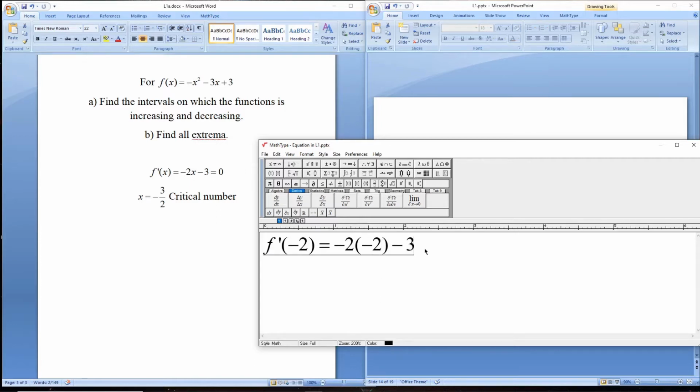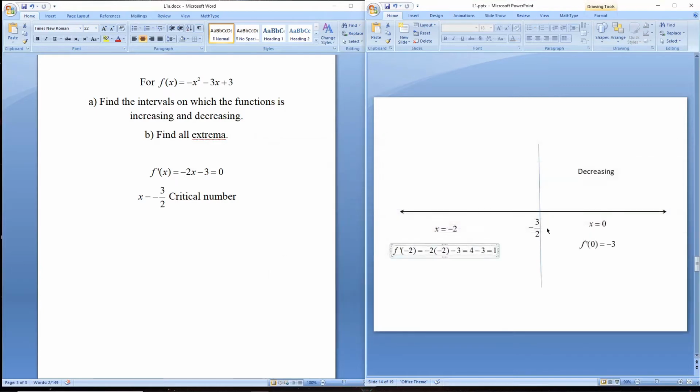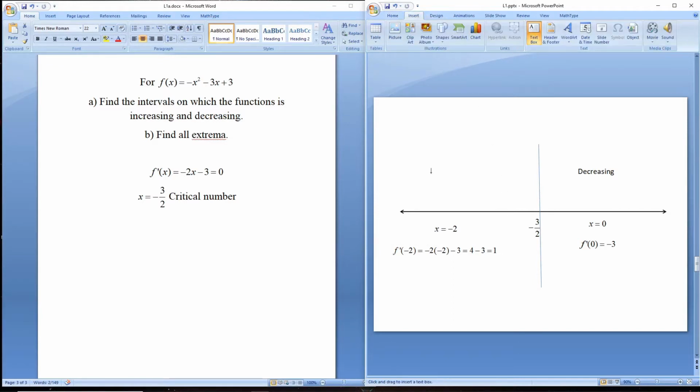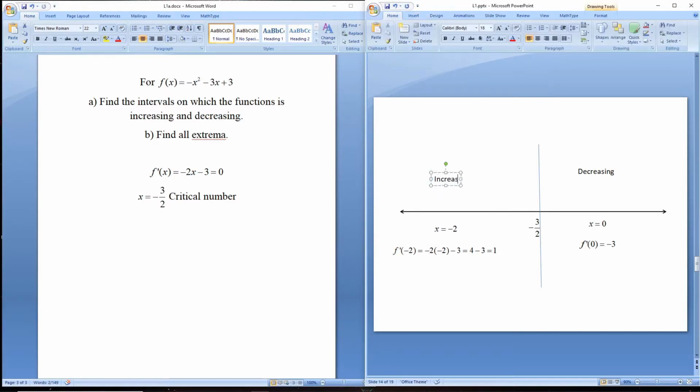And so minus 2 times minus 2 will get us a 4. Minus 3 to get us a 1. And we don't necessarily care about the magnitude of the number. We only care about the sign. The sign is positive, which means this region here must be increasing.